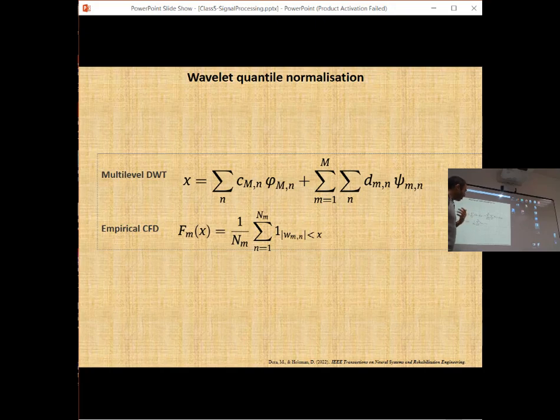And if you think that the details of the information of all of this is contained in the coefficients, you can calculate for each specific frequency band, this M here, for each band, 0 to 1, 1 to 2, 2 to 4, for each of these bands, I'm going to look at the distribution of the coefficients that you have. So you look at the distribution of this coefficient.